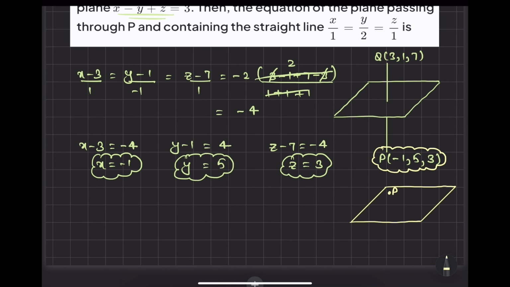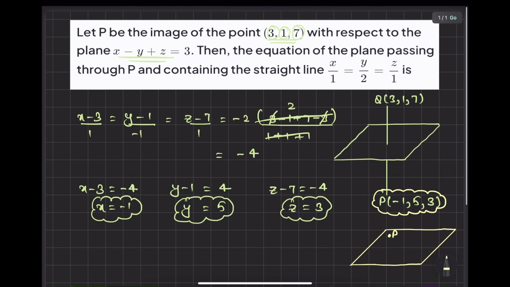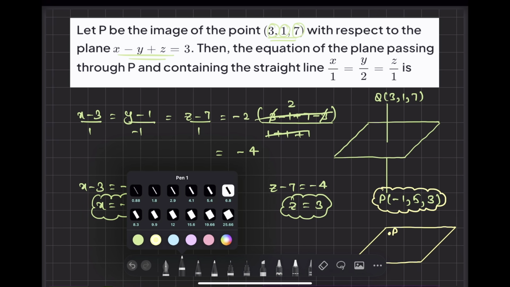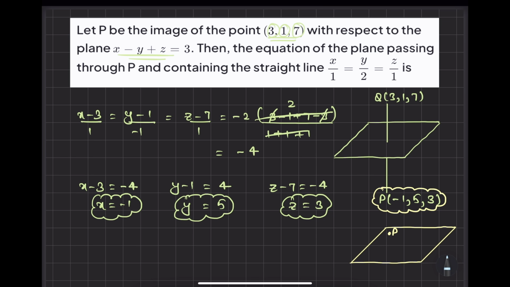So you have to write down the equation of the plane which will pass through the point P containing the straight line given. So your straight line should be in the plane. Suppose this is the straight line. Now, if this is your equation of straight line, can you find out certain things? What information can you extract from the equation of line?